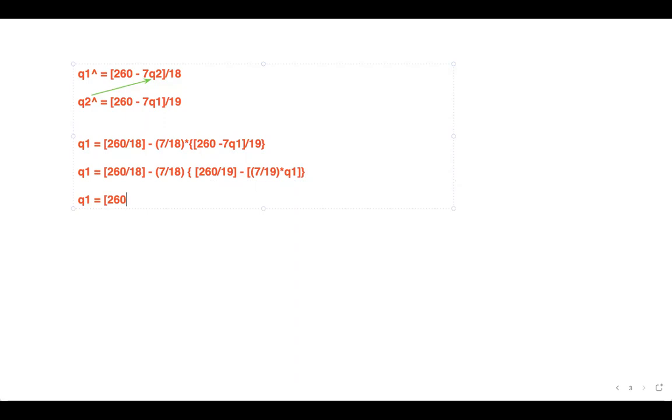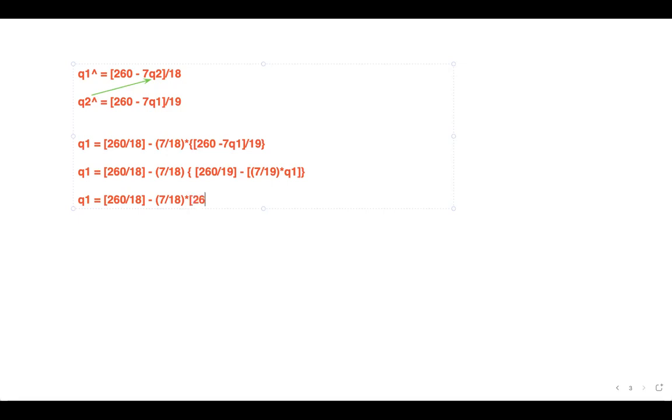I'm going to do a little bit more by distributing. So 260 divided by 18, I still have that term there, and then minus 7 divided by 18. I'm going to distribute this over the 2 terms in the curly braces, so again I end up getting the Q1 by itself.